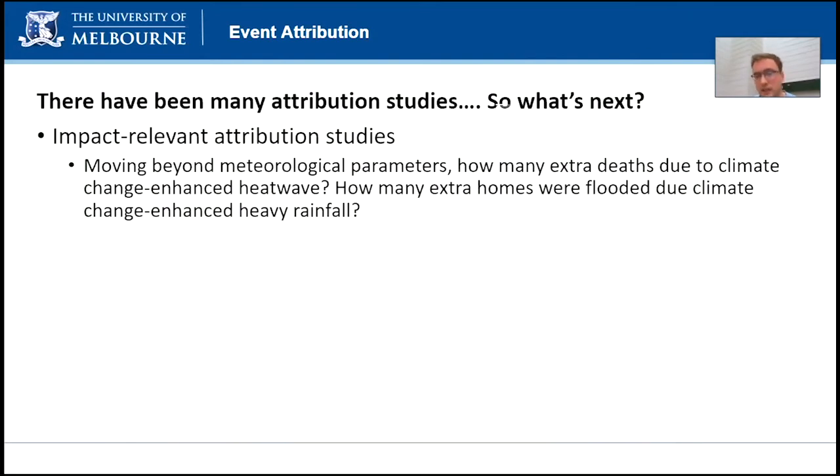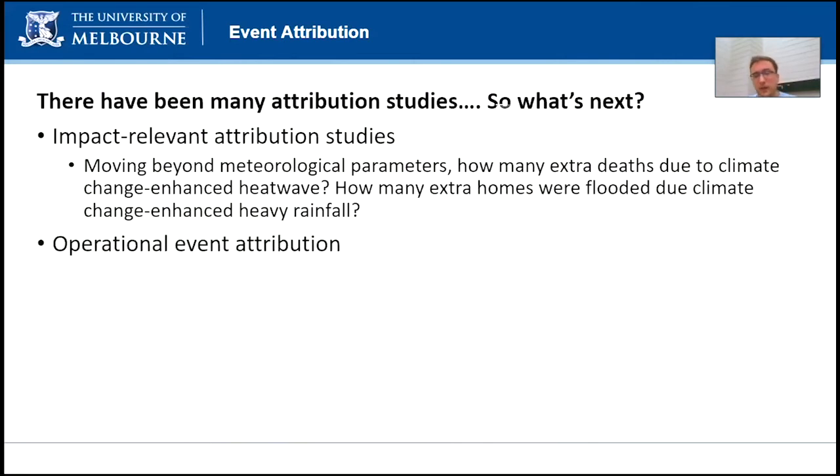And the original idea with event attribution, as hypothesized by Miles Allen, who's a professor at Oxford University, was that we would use attribution studies to attribute blame for different climate change enhanced events and possibly eke out who should pay for the damages related with climate change enhanced extreme events. So this might be one way that event attribution studies might go further in the next few years.